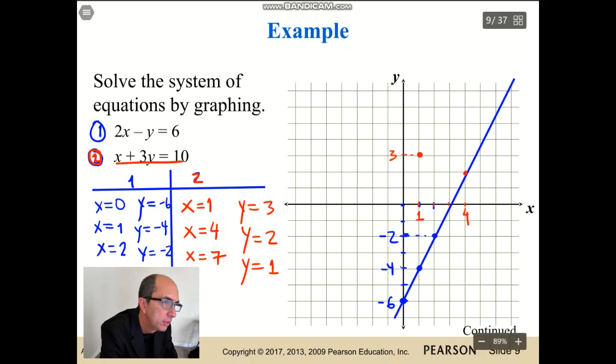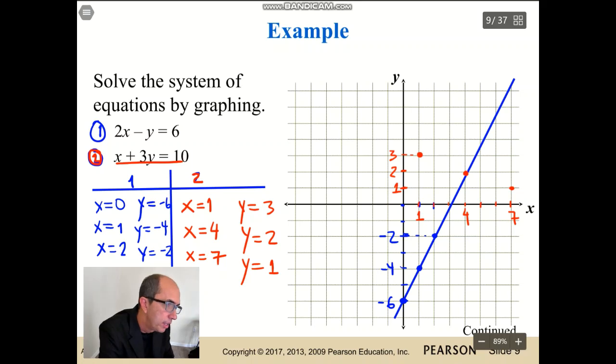Oops. And x equals 7, y equals 1. X equals 7: 4, 5, 6, 7. Right? Y equals 1.